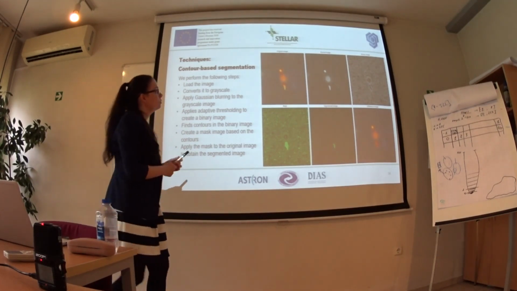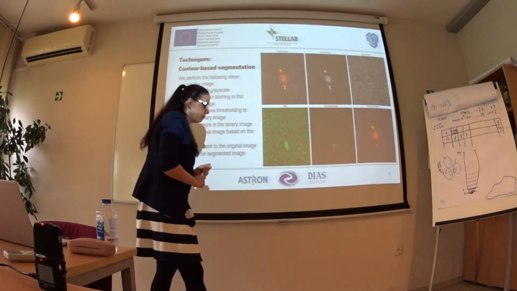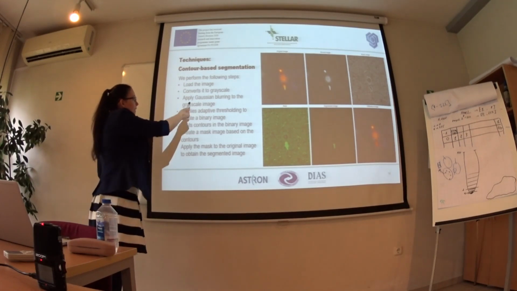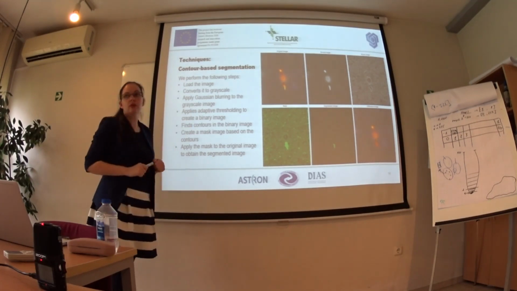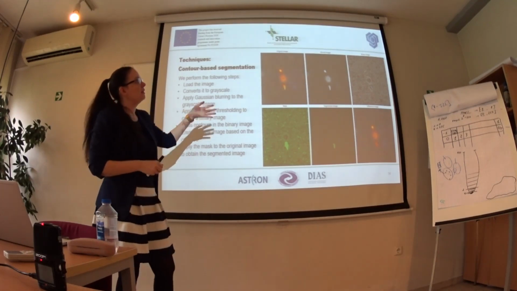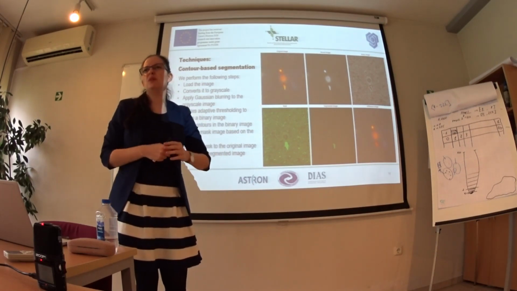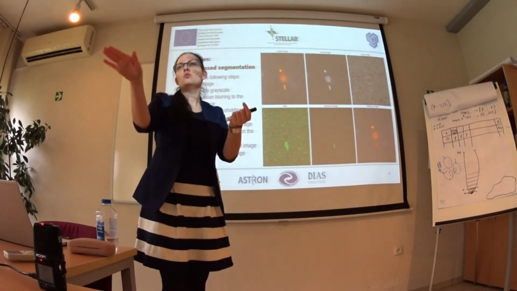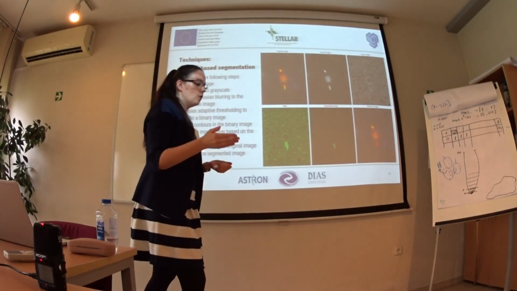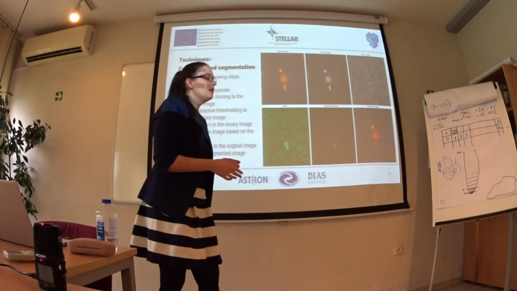After that, we pass it through grayscale. Then we can apply, for example, some Gaussian blurring, to make it nice and smooth. You will have some noise, and the goal is not to remove it, but to make it smooth everywhere.